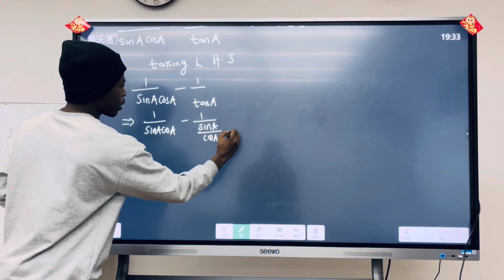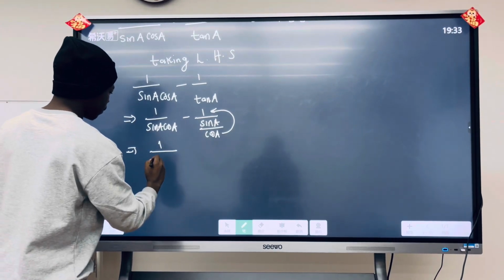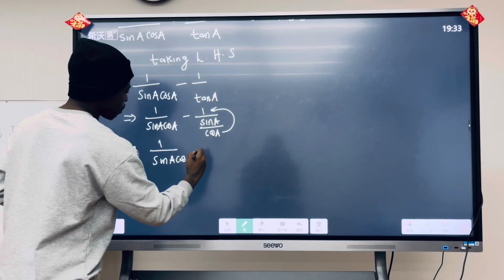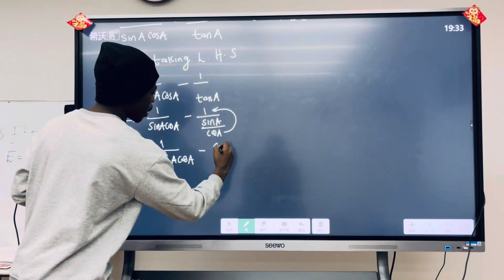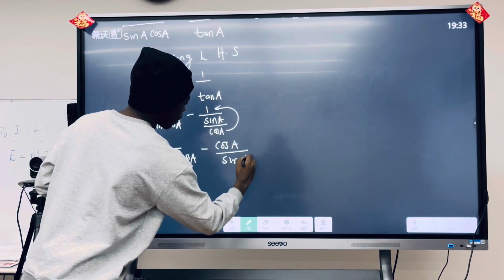So we can see that this can multiply this. Then we're going to have 1 over sine A cos A minus, when this multiplies that, it's 1 times cos A, which gives us cos A, then everything divided by sine A.